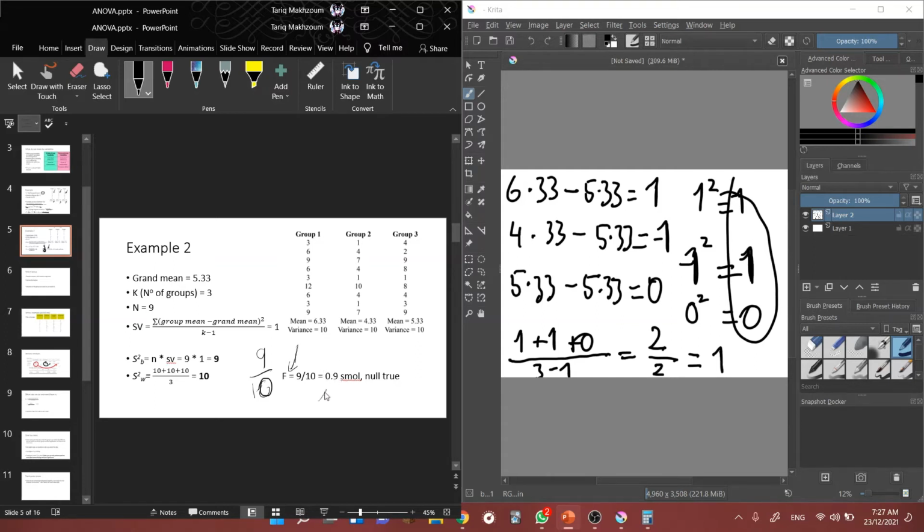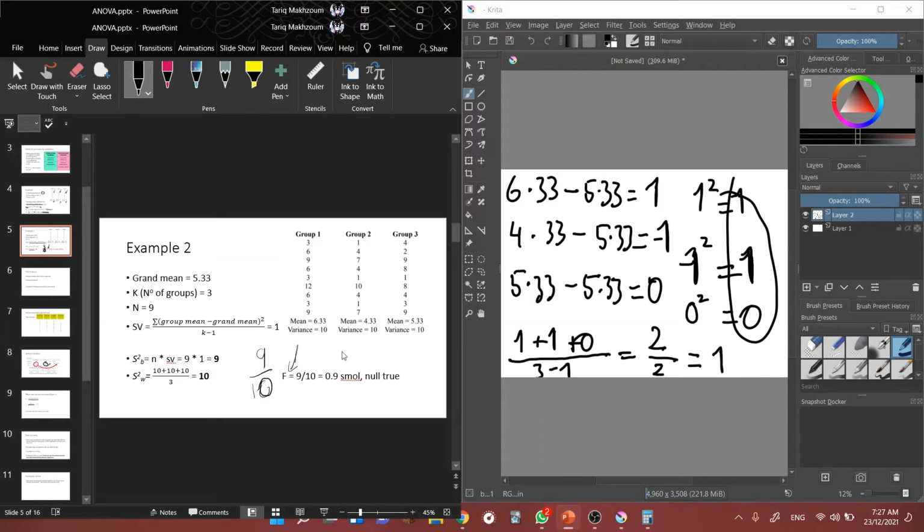And since that's relatively small, because the between group variance isn't larger than the within group variance, then we say that the null hypothesis is true, but in this case the drug doesn't work.